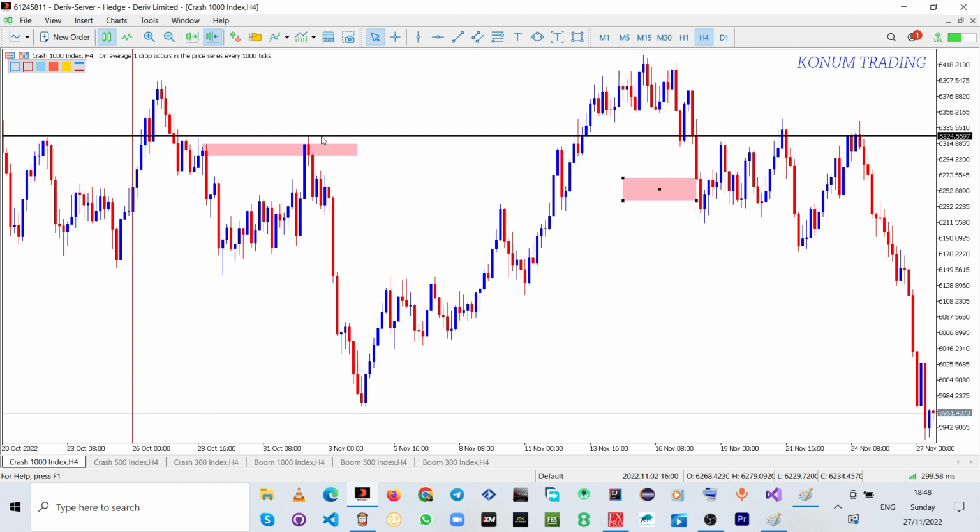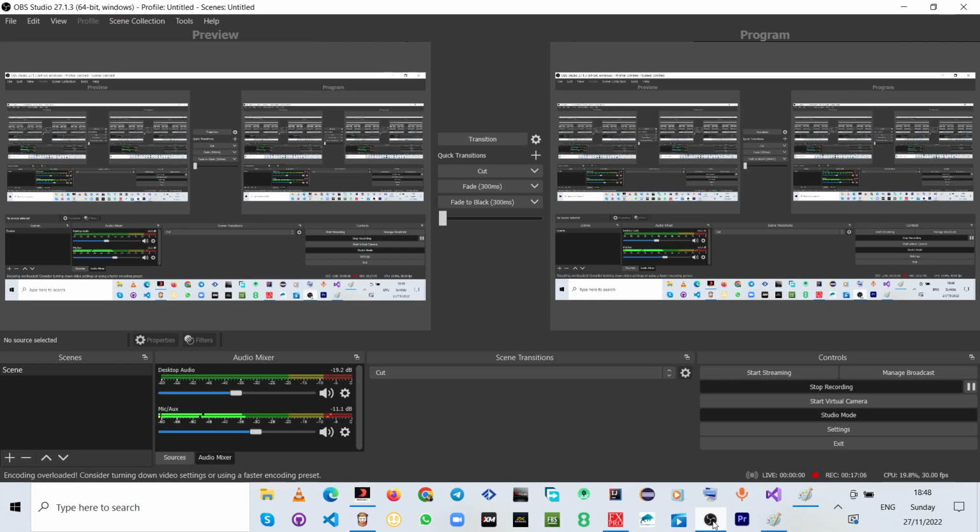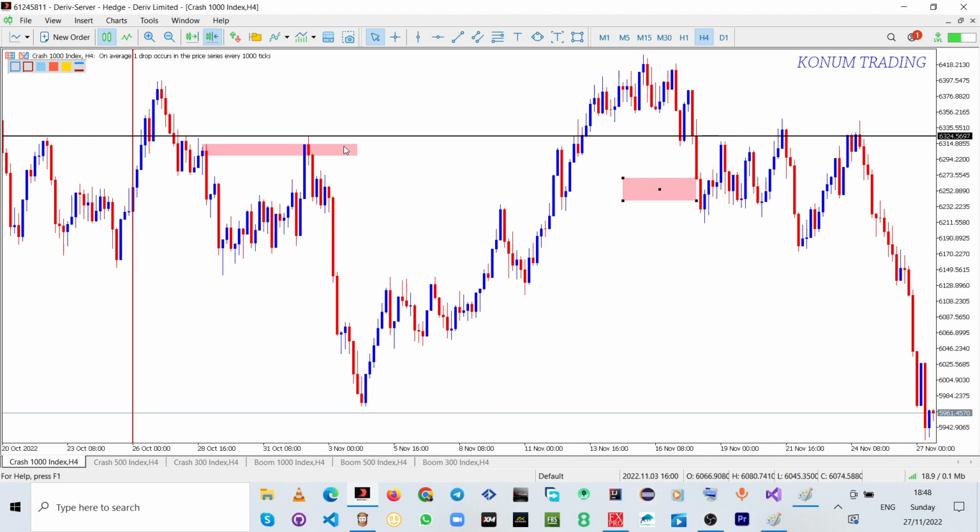So in cases like this, the stop loss is so little, and it shouldn't hurt a little bit to take a loss for this one. But then the price goes on to go into our direction.